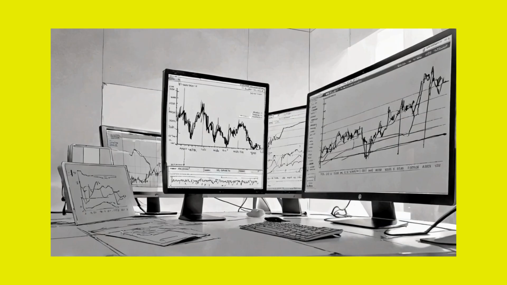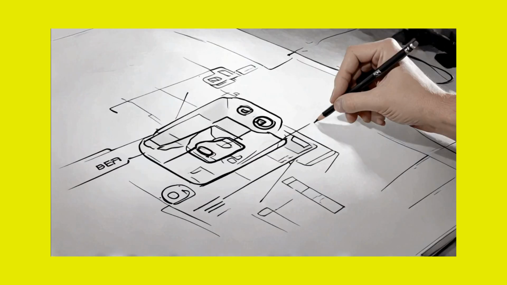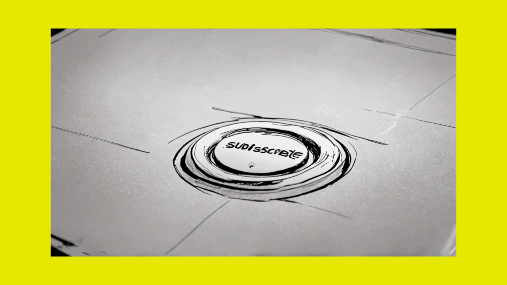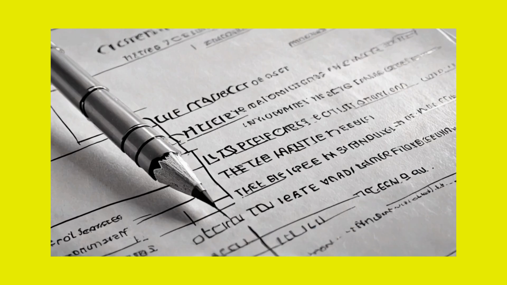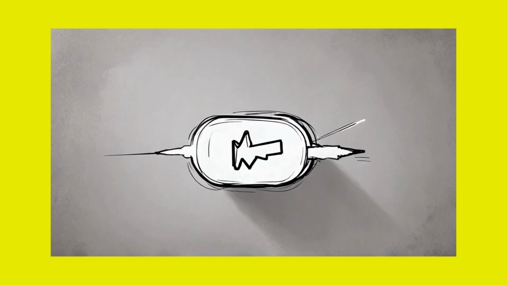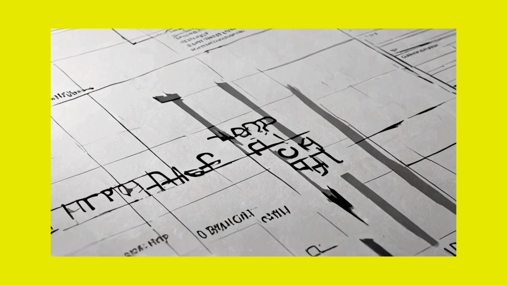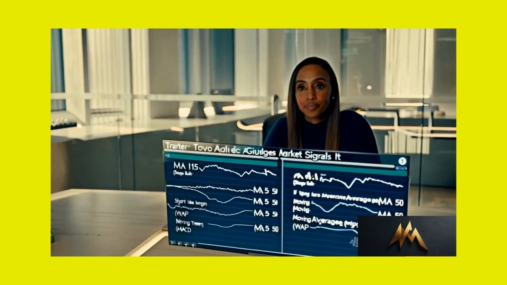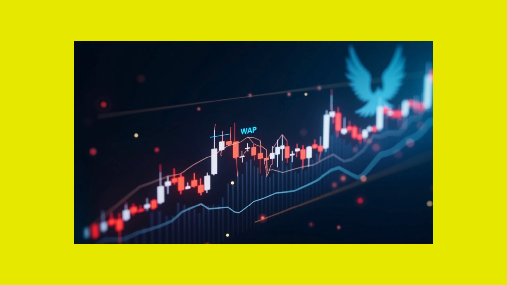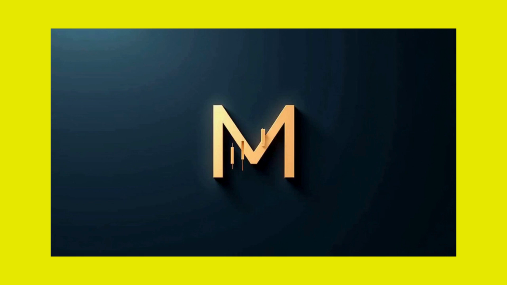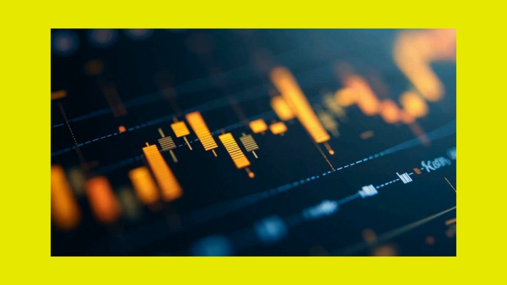That's where our second indicator comes in, VWAP, volume weighted average price. It sounds a little complicated, but really it's not. Think of VWAP as a way to see where the smart money is flowing. It shows you the average price that traders have paid for a stock over a specific period, taking into account the volume traded at each price level.